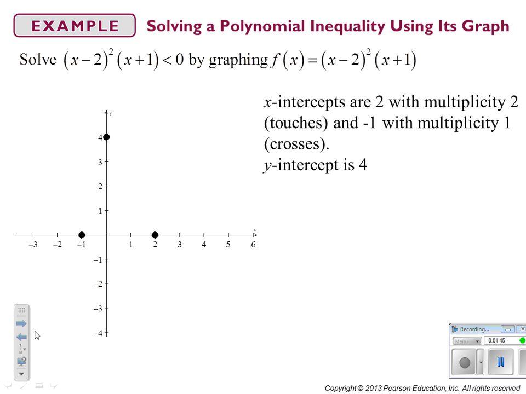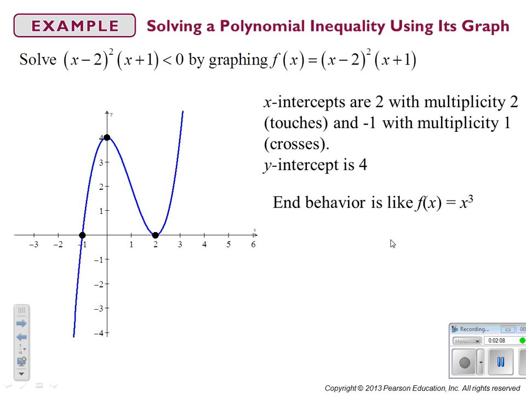So it's going to cross at -1, hit 4, swoop down, tap 2, and then shoot back up to infinity. It behaves like x cubed at the end, so it's that swimmer function, which means it starts down and then goes up at the front and the end. So it kind of looks like this.